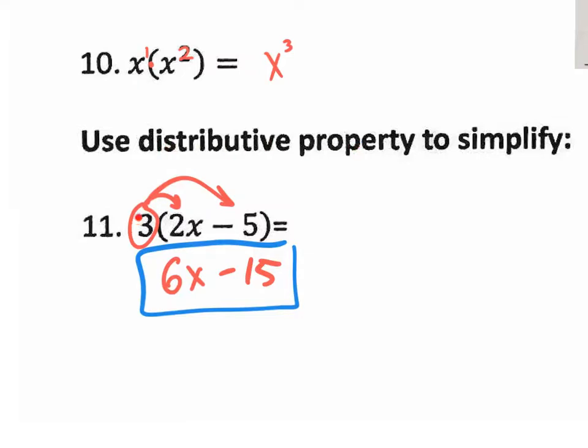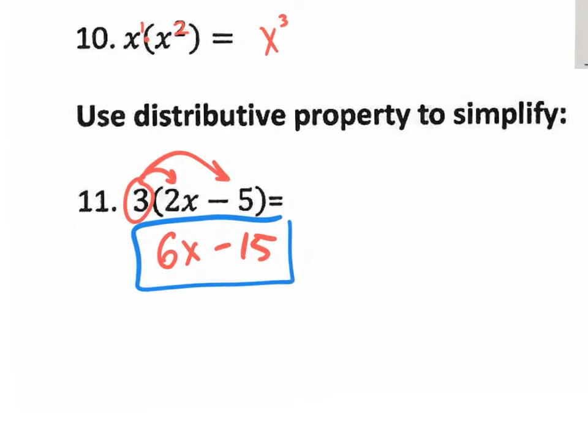So instead of 3, it might be like an x, or it might be a 3x, or it might be a 3x squared, and we're going to distribute that 3x squared to the terms that are on the inside of the parentheses. I think we need a couple more simple problems to get us prepared for the homework that we're about to do in a couple of moments.